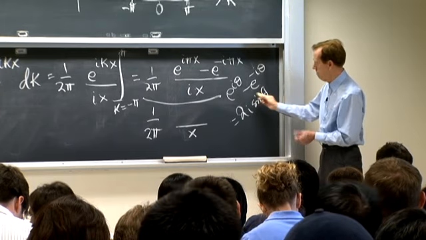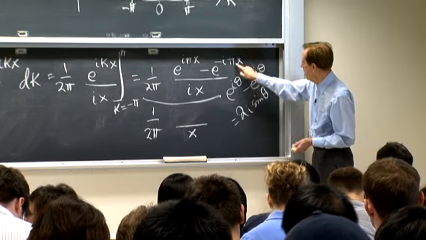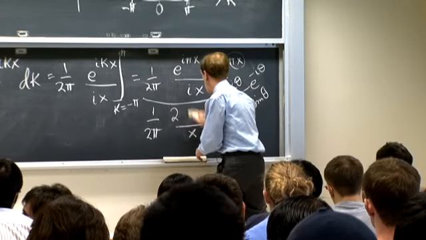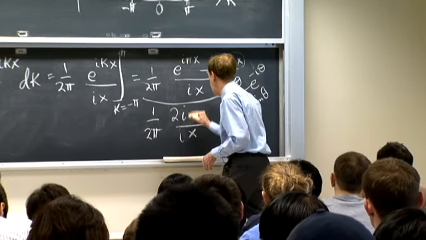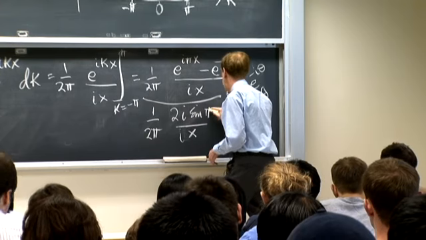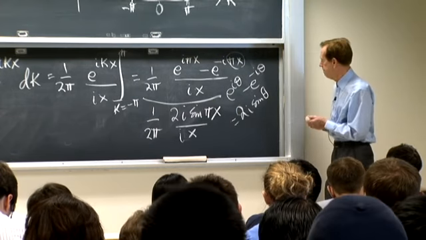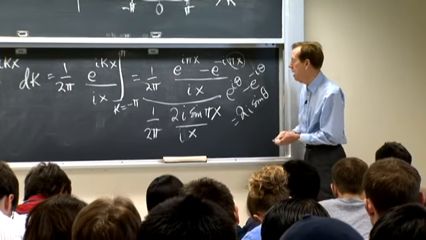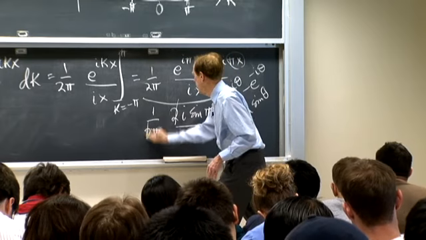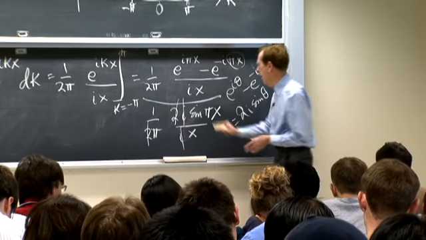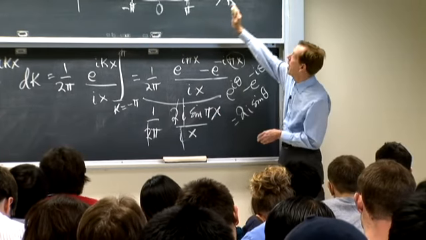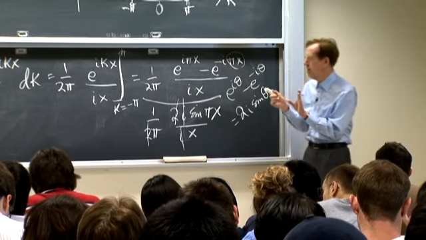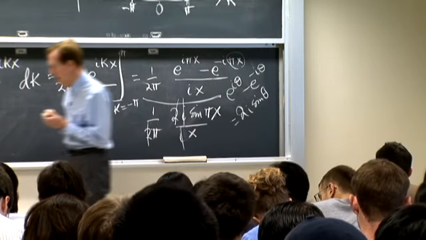Now theta is pi x here. So I have 2i sine pi x. You see it works. The 2 cancels the 2, the i cancels the i, and I have sine pi x over pi x, the sinc function. Okay, so that's the function.